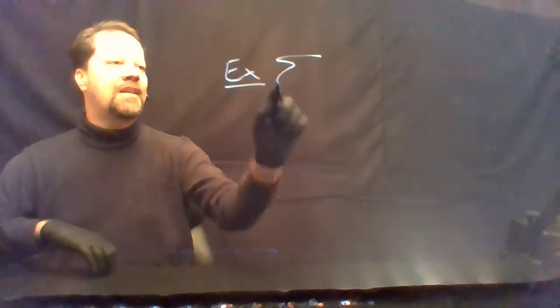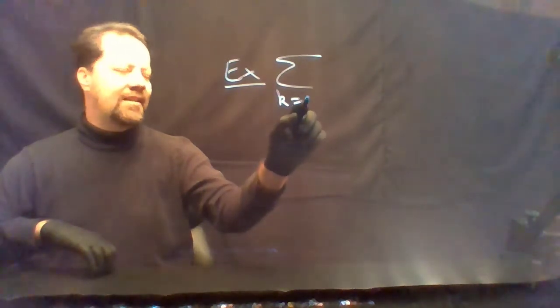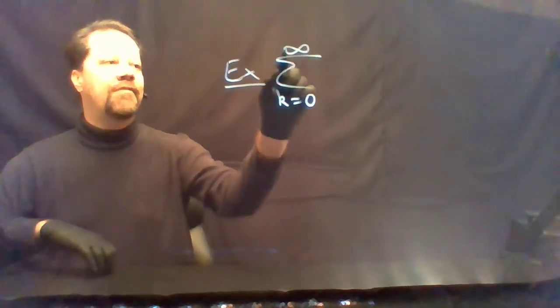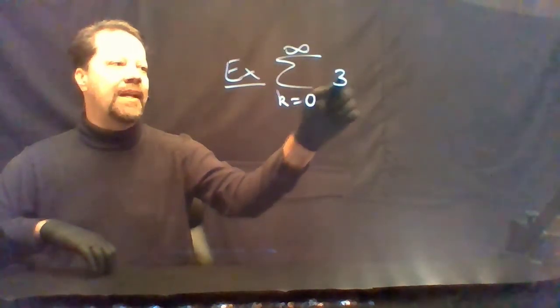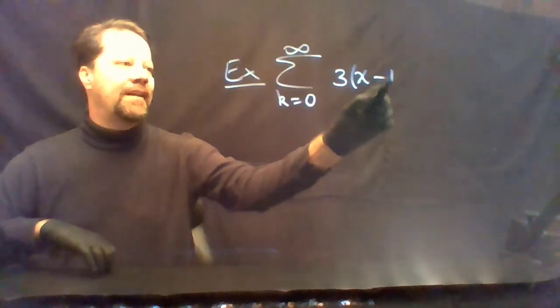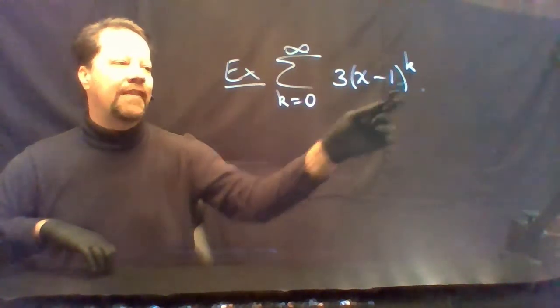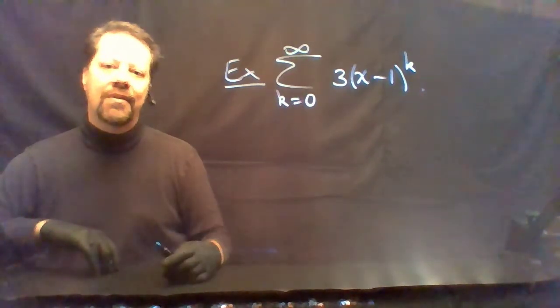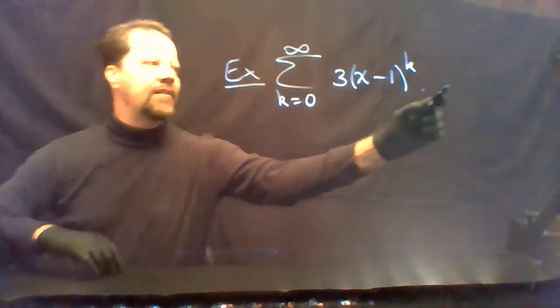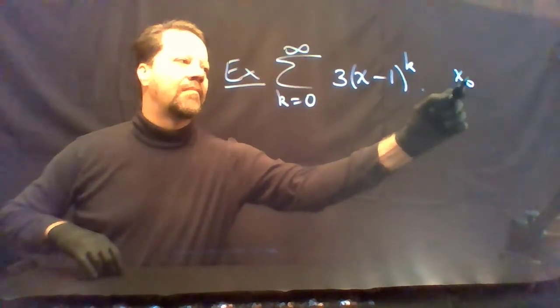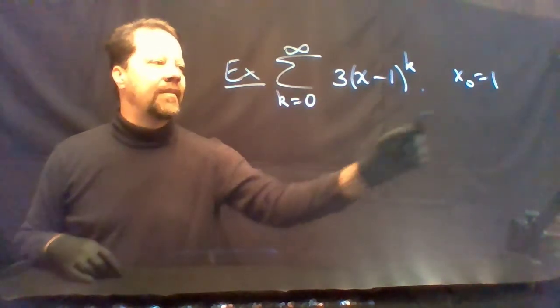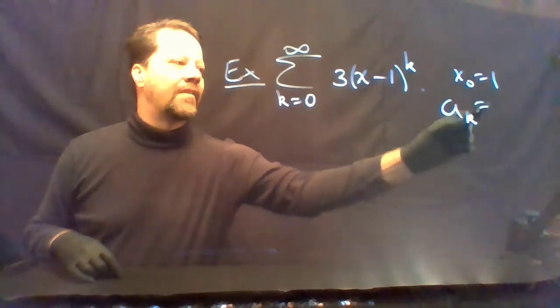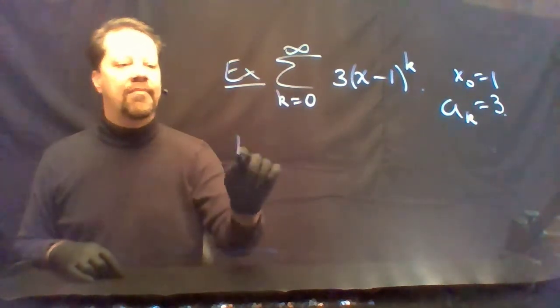If we have the sum as, let's say, k goes from 0 to infinity of 3 times x minus 1 to the power of k, for what values of x does this series converge? The center this time is 1, and the coefficients are all 3.